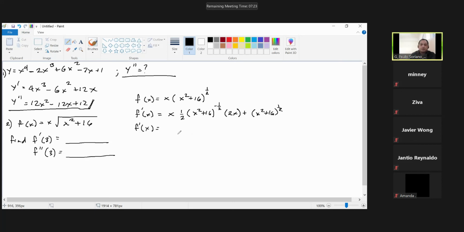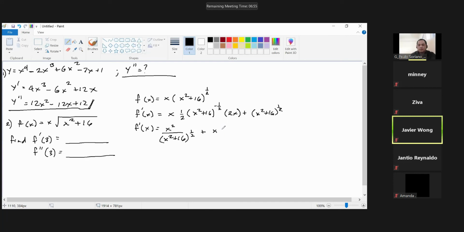F prime of x is now equal to: the 1/2 and 2 will cancel, so x squared over (x squared plus 16) raised to 1/2, plus (x squared plus 16) raised to 1/2.